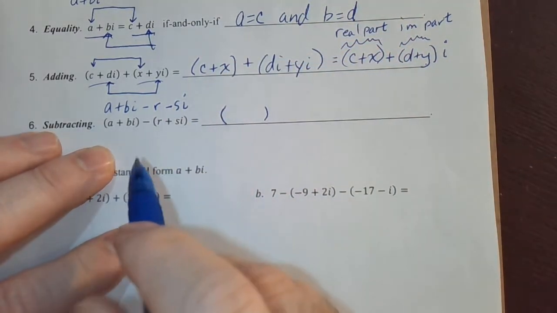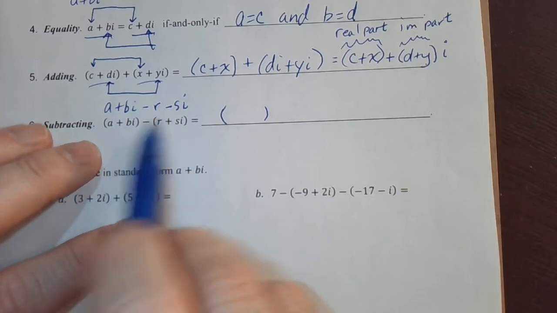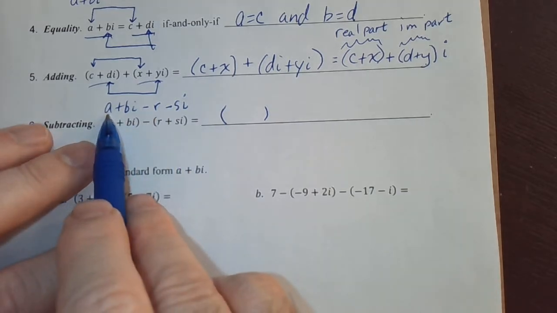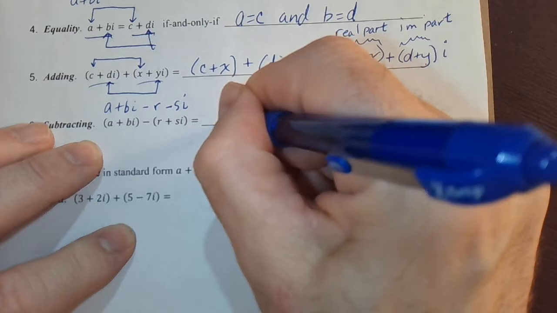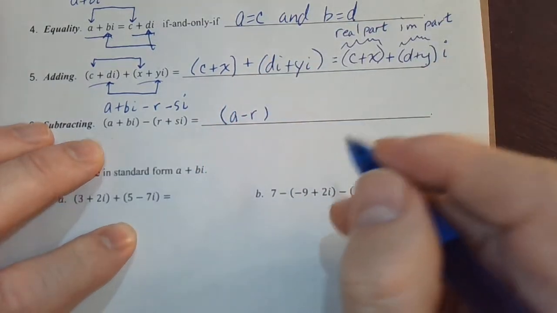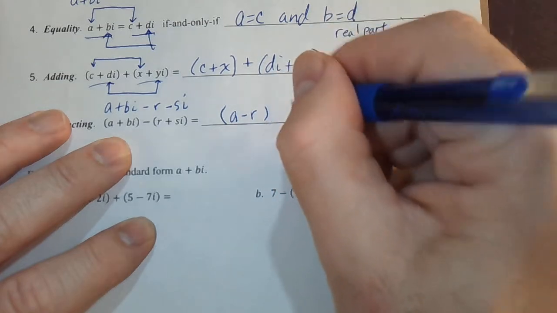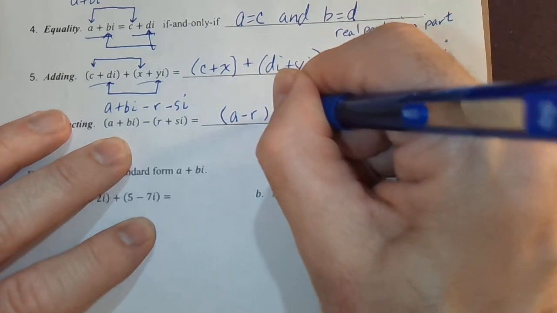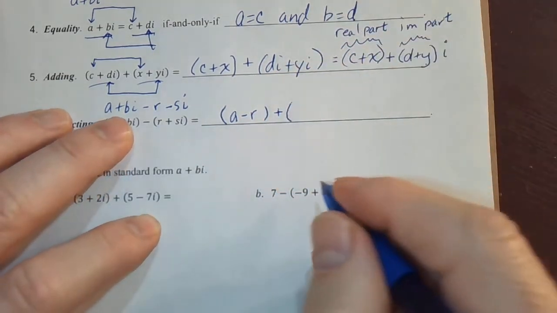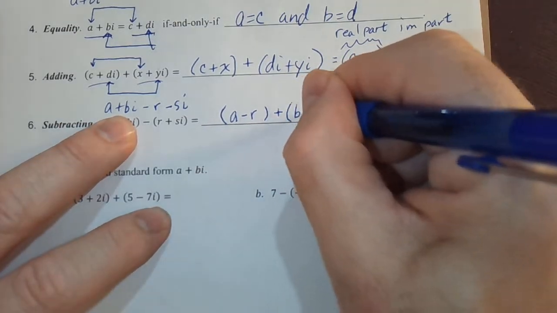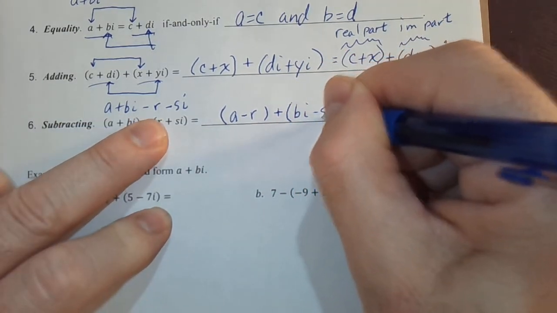Well, it's the two numbers added together that don't have the i associated with them. So it'd be an a and a negative r. So a minus r, that's the real part. And then I could say plus bi minus si.